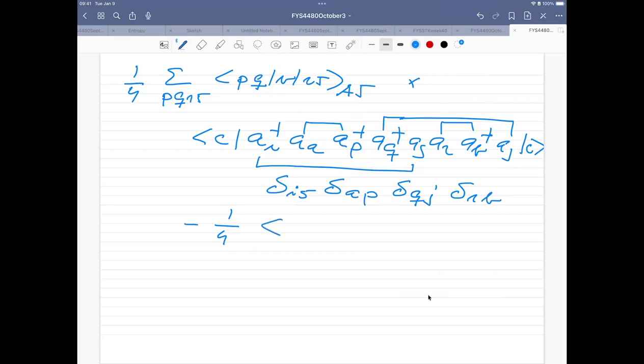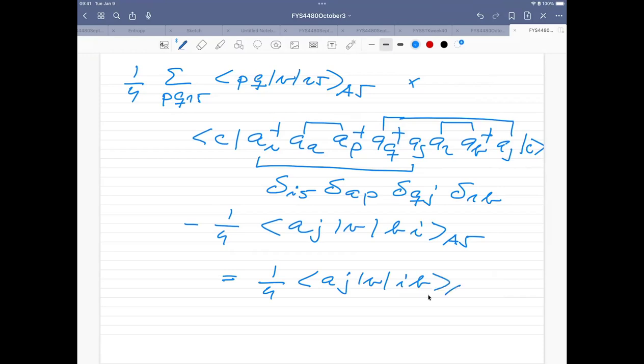This is an anti-symmetrized matrix element. So what I'm going to get then is something which looks like this. I have an A, and I have my state J, I have my V, and then I have my state SR here, which is B, and then I have my S here, my I, like this. This is anti-symmetrized, and I can actually rewrite this one as 1/4 of AJ, V, IB, because this is anti-symmetrized.